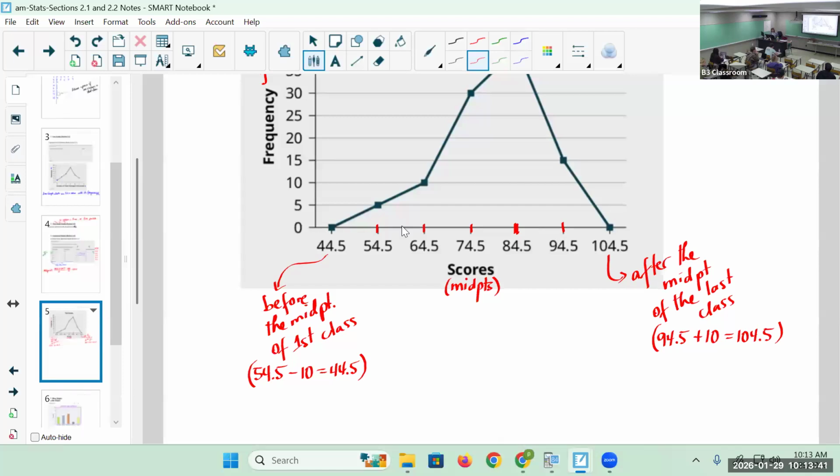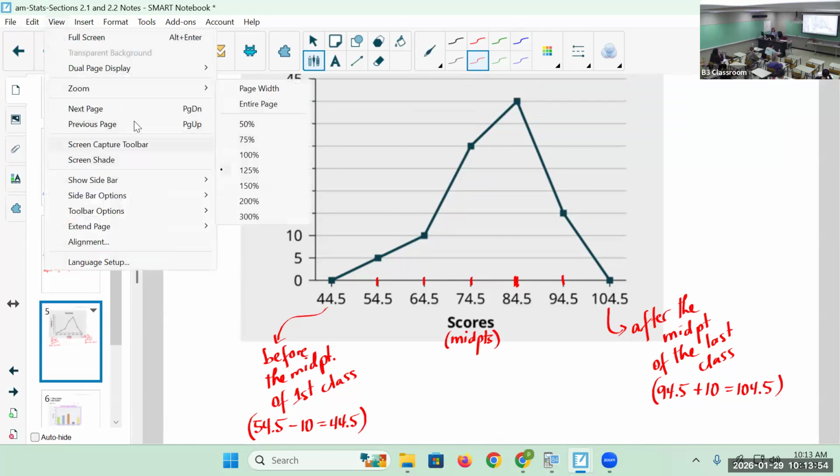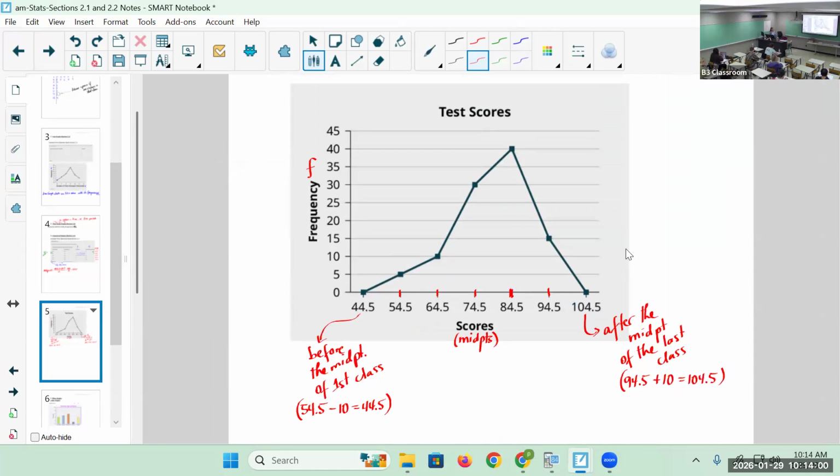Notice they start at 0. This is where you start measuring your frequency at the midpoint of that particular class. So that's actually different from the other two, but still very similar because we're actually doing line segments and using the frequency for the y-axis.